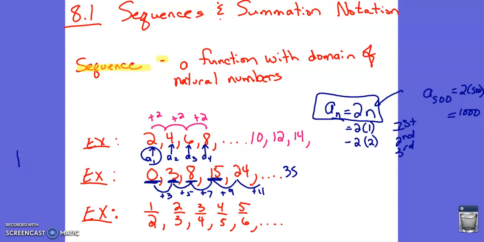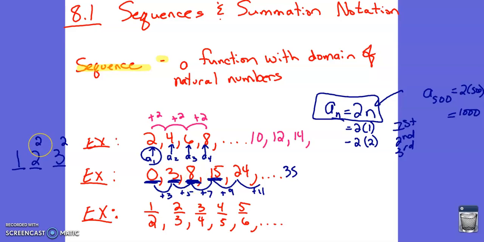How can 2 go to 3? How can 3 go to 8? You start noticing a pattern. The first term is 1, then the second, and then the third. Let's say specifically when I get to the third term, I notice 3 squared is 9, but this third number is 1 less than that.